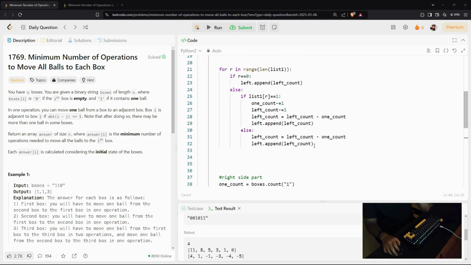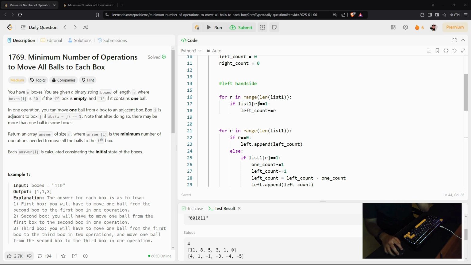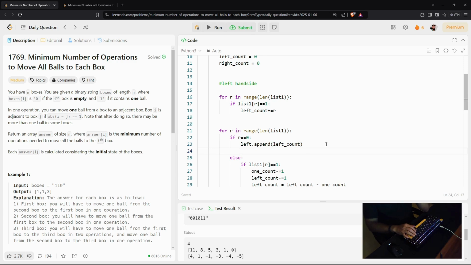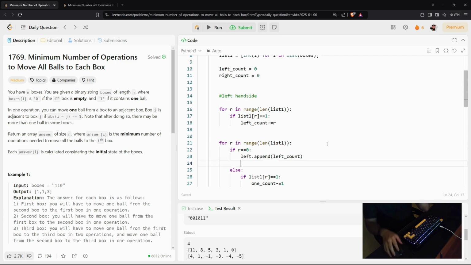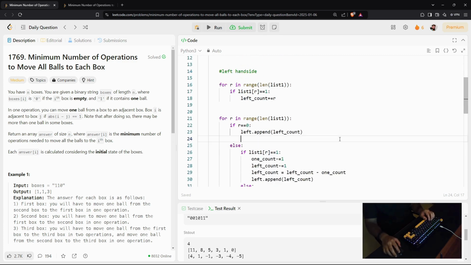We forgot about one major issue in our code. What if after appending like this, the left count is already there, it's fine. But what if at this index we encountered a 1? We didn't check that. So this is something which is going to give us an error.